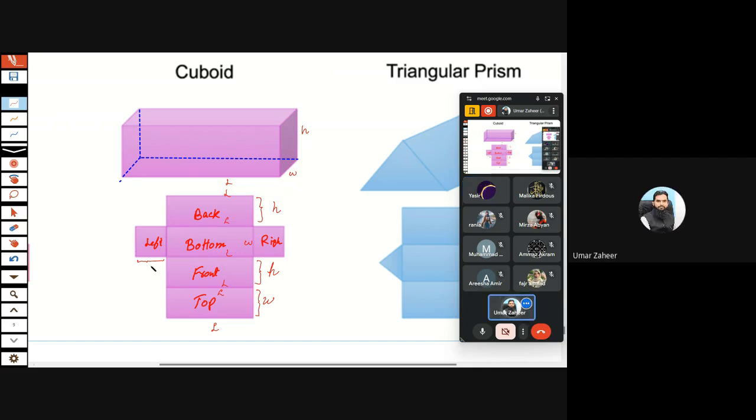Anyone else? Is it height or width? Height. Yes, it is height, because this side is going to be just open like this, right? So this length is basically your height. And what is this one?